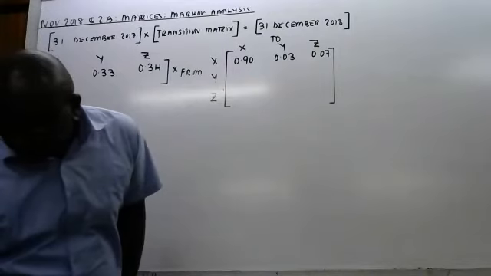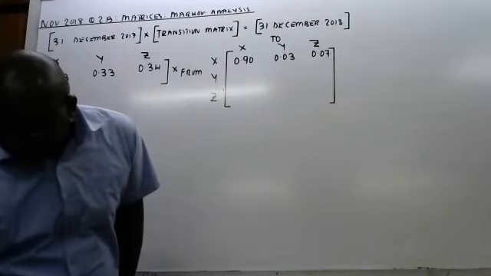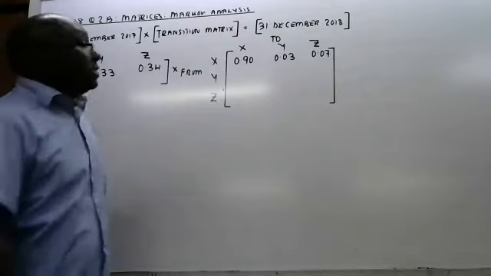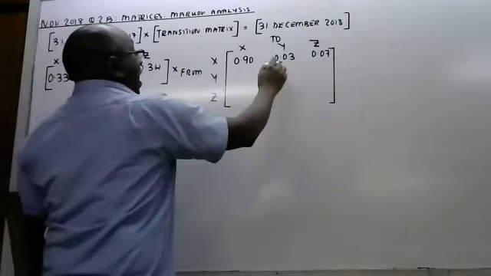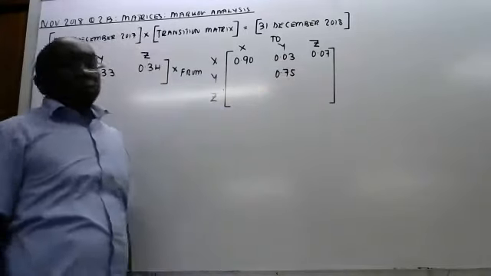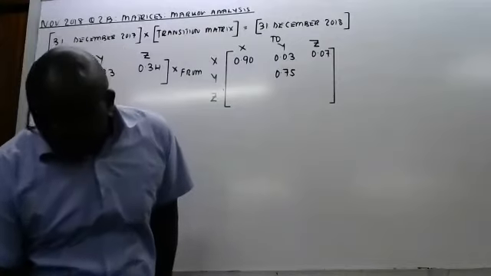Then Y Limited have retained 75%. So Y to Y is 0.75.